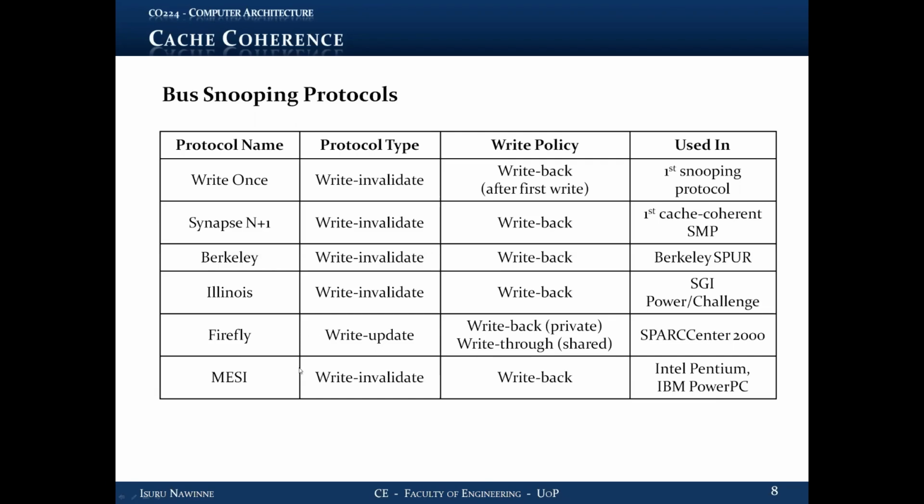Then the MESI protocol is a write invalidate protocol and uses write back policy, and it's used in the popularly known Intel Pentium processors, developed again in the 90s and early 2000s, and IBM PowerPC processors, which were developed by an alliance of IBM, Apple, and Motorola in the same era.